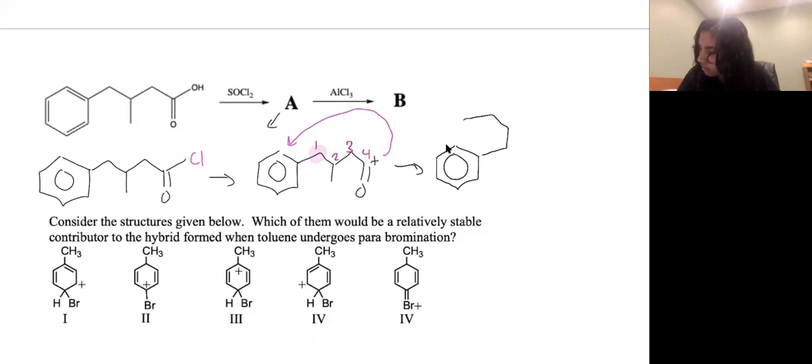Is that right? Okay, so we have carbon 1, 2, 3, and 4. Yeah, that's right. And then you have the methyl sticking out on carbon 2. So like this. So that's your final product.